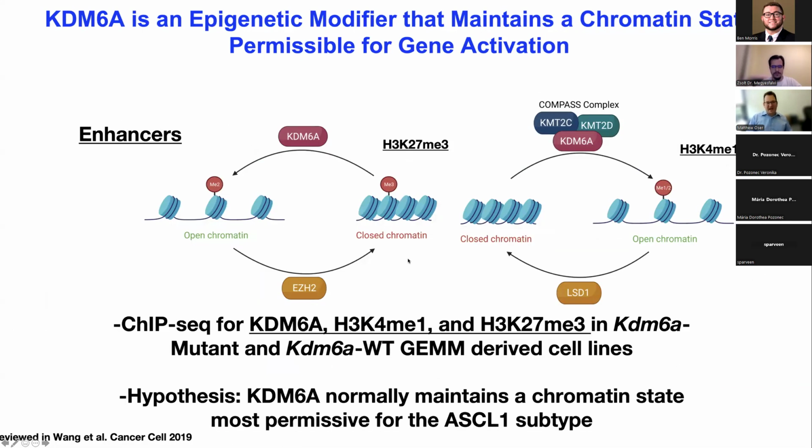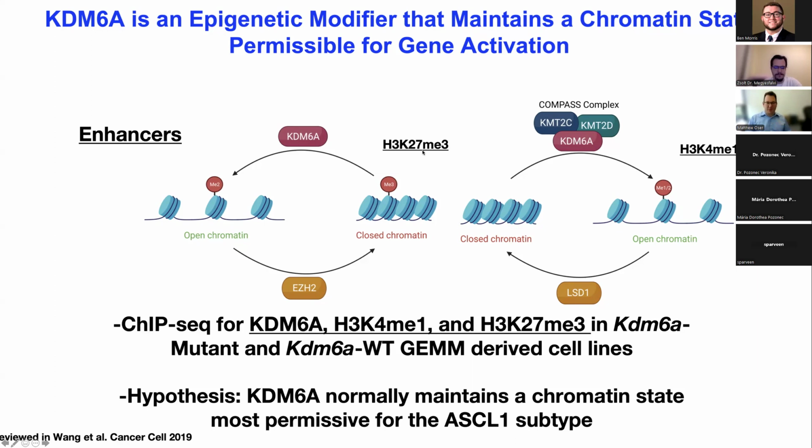So then to get at what are the mechanisms really by which KDM6A is driving this, we started to think about, okay, well, what does KDM6A normally do in cells? As I mentioned, it forms a complex with the COMPASS complex, where it binds KMT2C or KMT2D at enhancers. And this complex together promotes H3K4 monomethylation at enhancers, allowing for open chromatin.